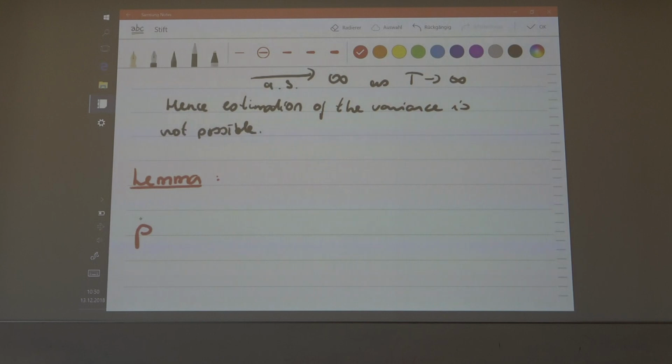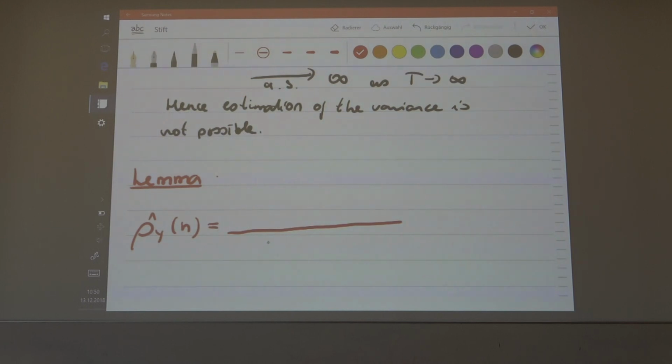So the problem here is the empirical autocorrelation of the process with time lag h, which is the following.